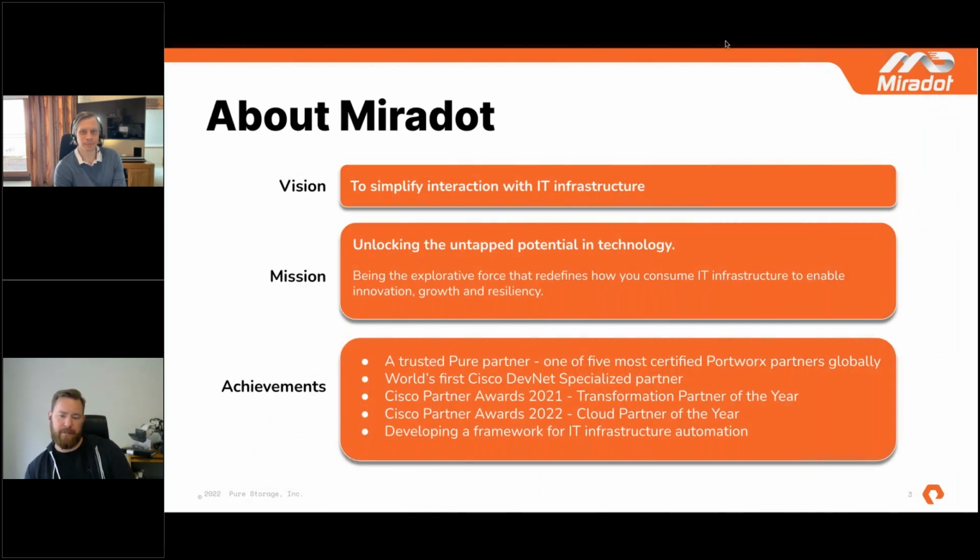Sure thing. So we started out as a consultancy company that has now moved into the sales of solution world. And most recently, or at least the last 3 or 4 years, we have been focusing on DevOps optimization and integration. So our aim is always to simplify the interaction with IT infrastructure.